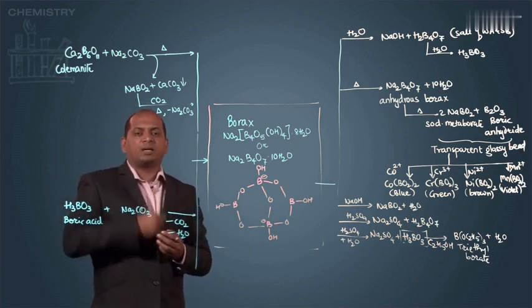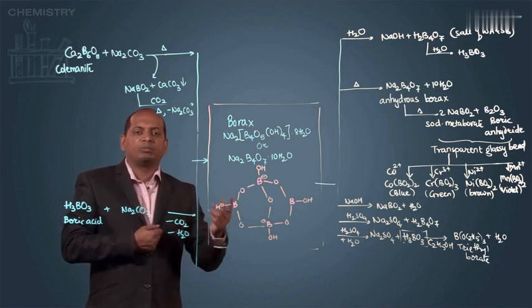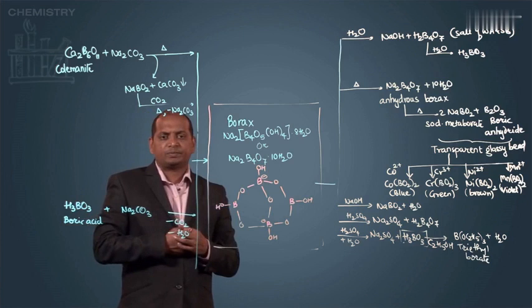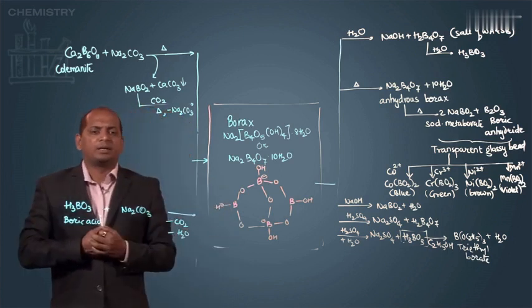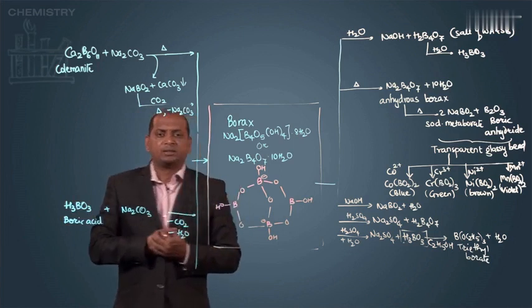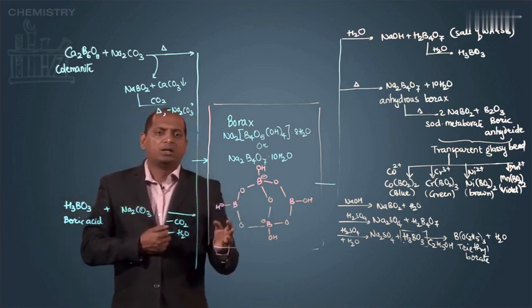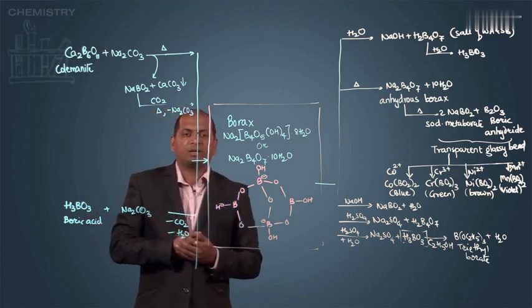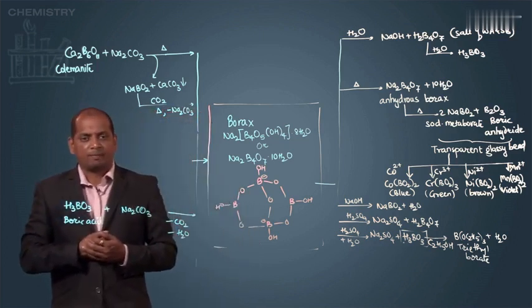Therefore, this sodium metaborate is further converted into borax by passing carbon dioxide through it, so that sodium carbonate can be recovered. Once we get borax, it is purified by further recrystallization.